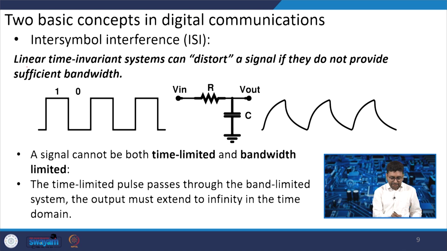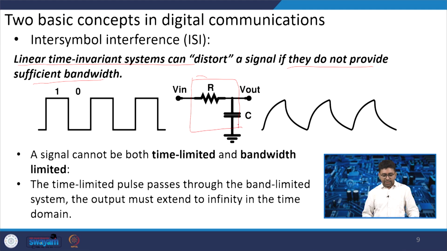Any linear time invariant system can distort a signal if it does not provide sufficient bandwidth. Let us say there is a system, we can take one example of an RC low pass circuit, which is called a linear time invariant system.